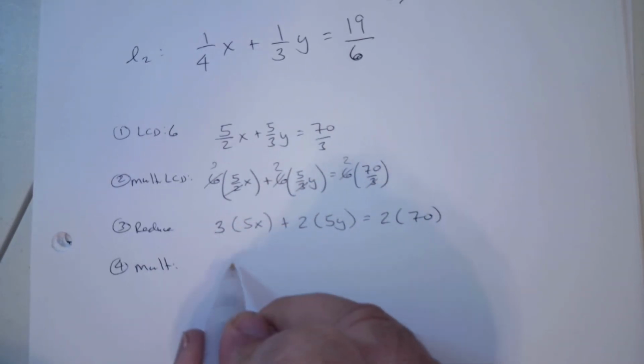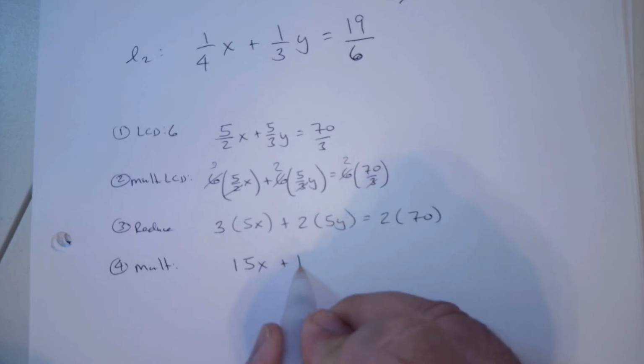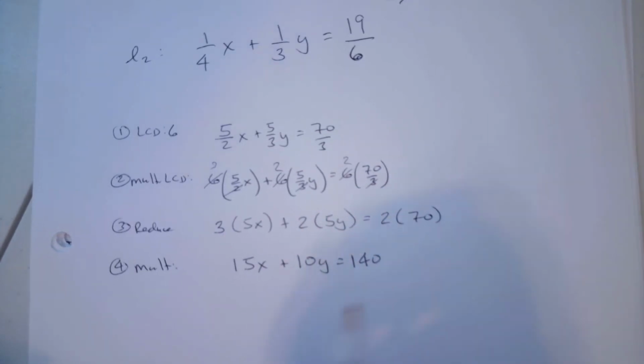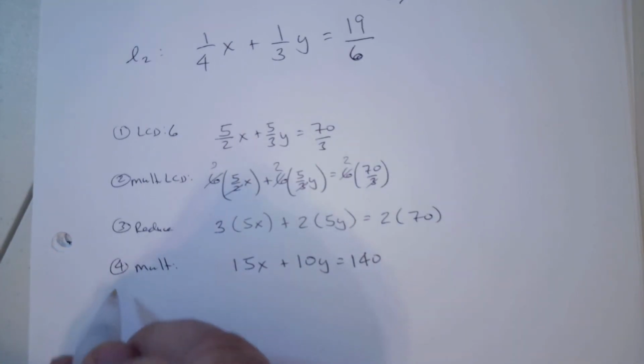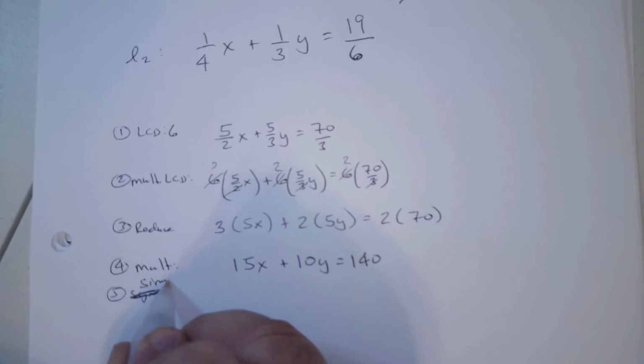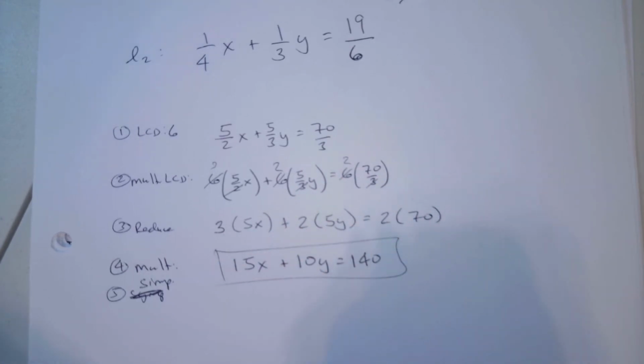Multiply, so 3 times 5 is 15. 2 times 5 is 10. 2 times 70 is 140. So, and simplify. This is our new equation for line 1.